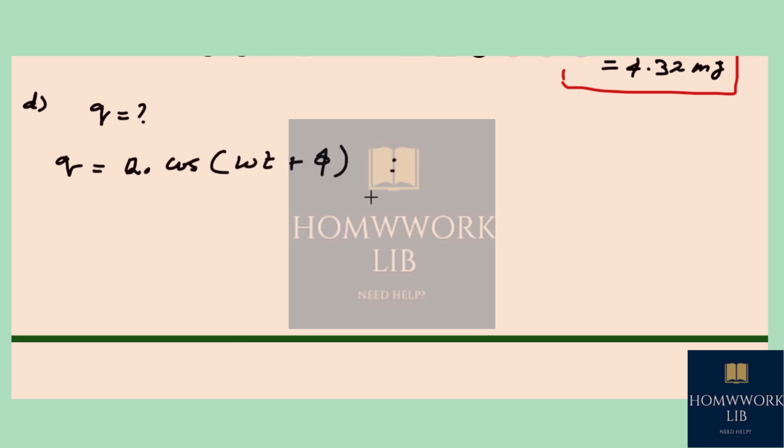As at t equals 0, this q becomes capital Q naught. At that point, we can write phi equals 0. So this equation becomes small q equals capital Q naught cosine of omega t.